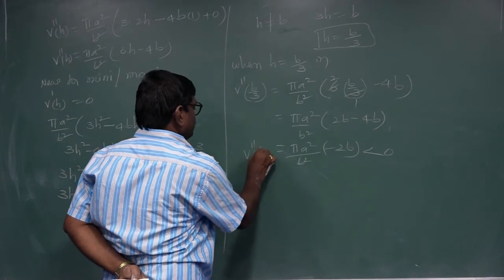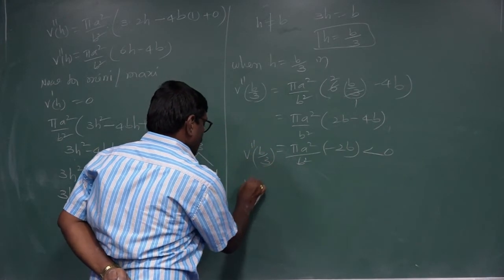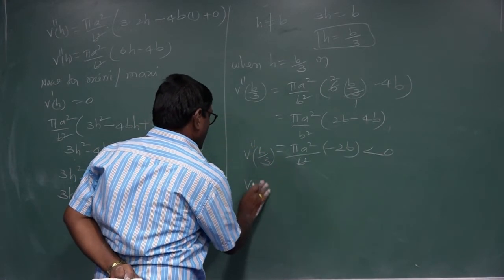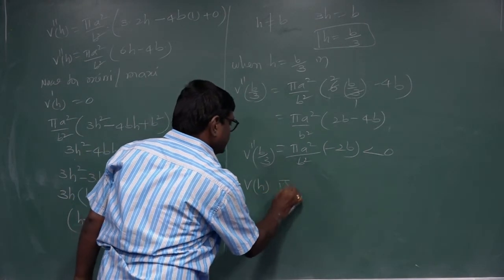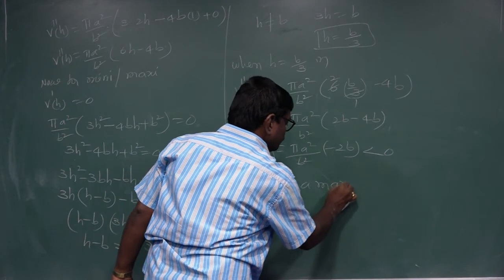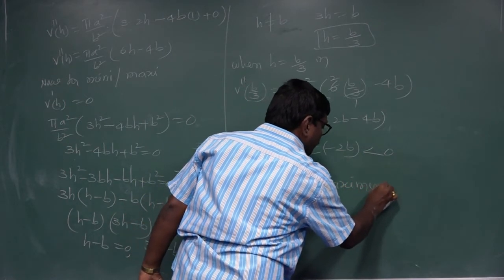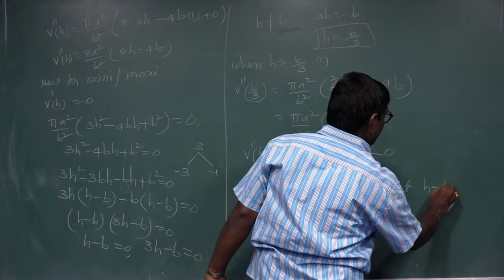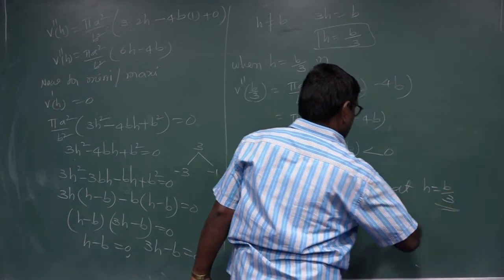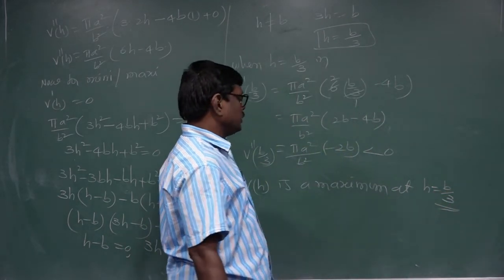So V double dash at B by 3 is less than 0. V of H is a maximum at H equal to B by 3.